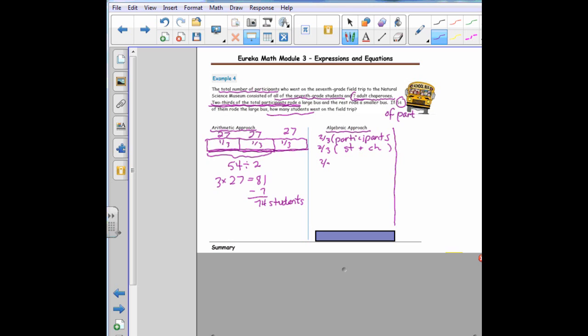We don't know the number of students, so we'll use a variable S. We know that the number of chaperones is 7. And we know that 2/3 of the total participants is 54 on the large bus.